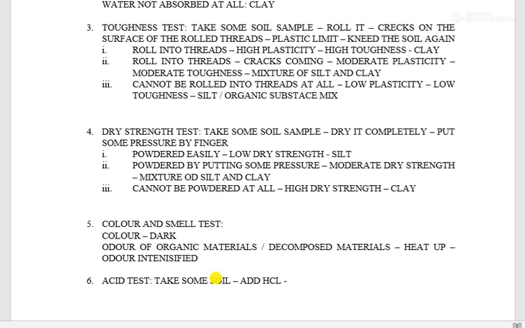If there are bubbles coming from the soil sample, then that is the reaction of calcium with concentrated hydrochloric acid, and in that case you may conclude that there is some calcium substance mixed with the soil sample.